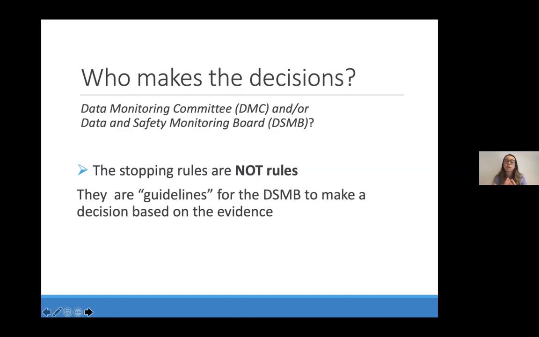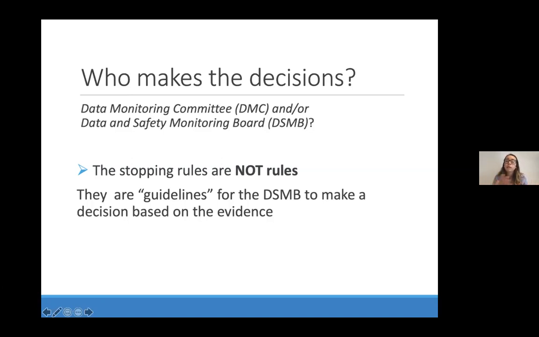So there are stopping rules, and they are guidelines for the DSMB. The DSMB can decide not to stop a trial even though you achieve a p-value that is in your stopping rules, okay? In the case of the SHIFT trial, for instance, they got very close to what they wanted to get. The DSMB took the data and took a decision based on those results, okay?